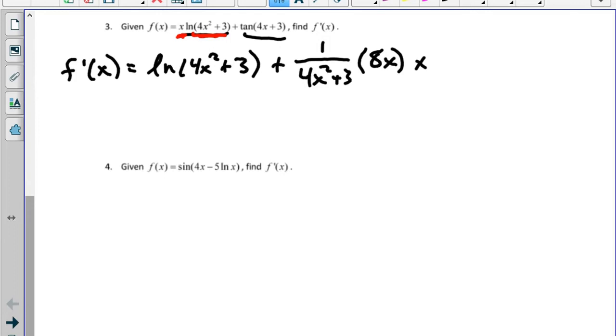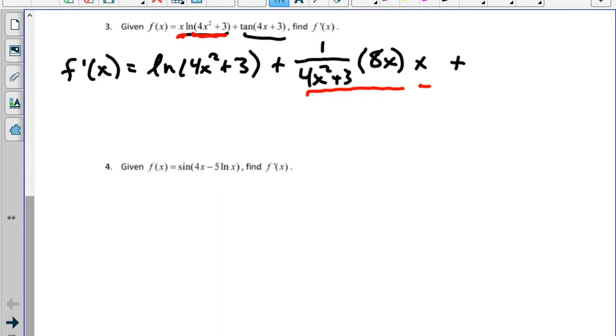So this is the derivative of the first, which was 1, times the second, plus the derivative of the second function, that's all of this, times the original function. And now we have one more part to this.